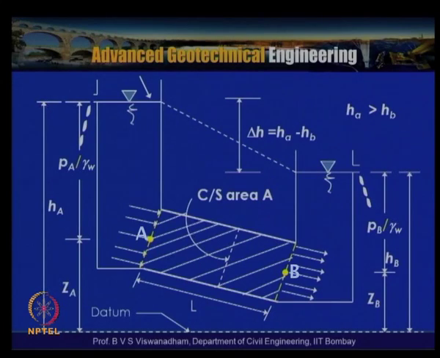The difference in head between point A and point B over a length L, hA minus hB, is called the head loss or head drop over the length L, and the cross sectional area open to the flow is this one.